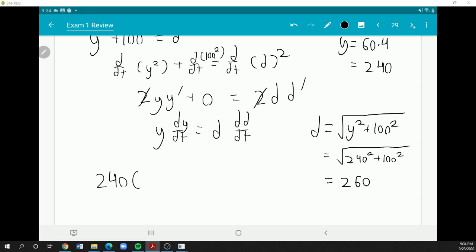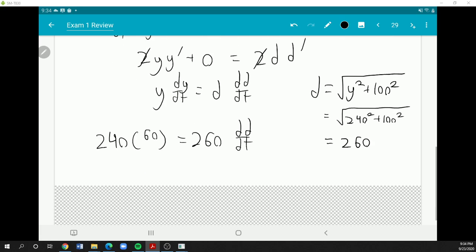240 times dy/dt, which is 60, equals the distance 260 times dd/dt.